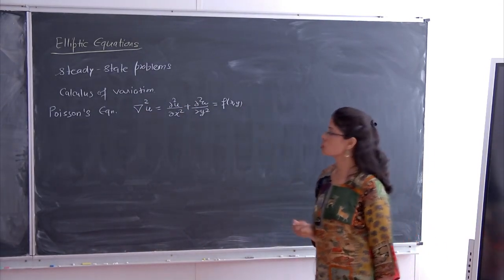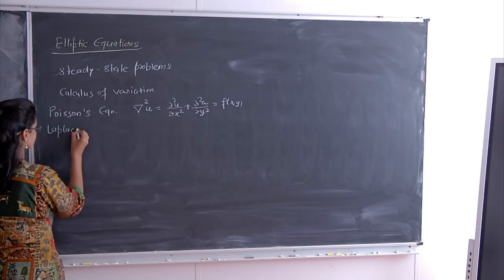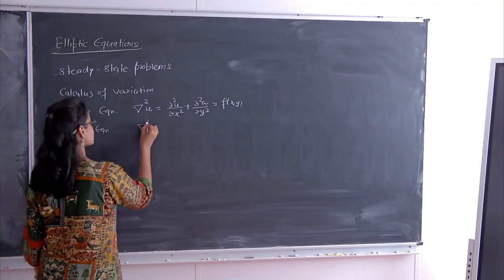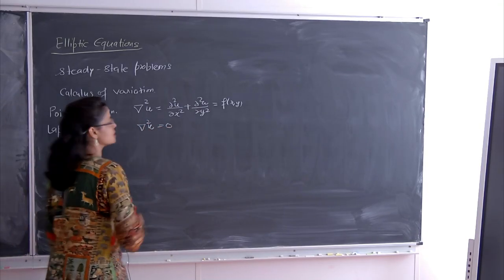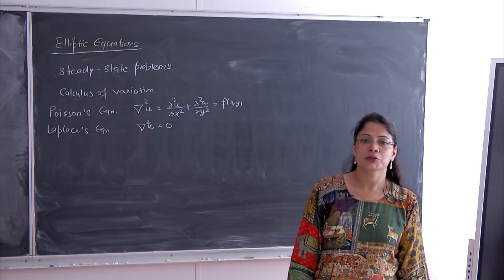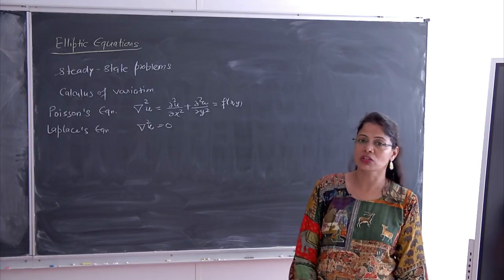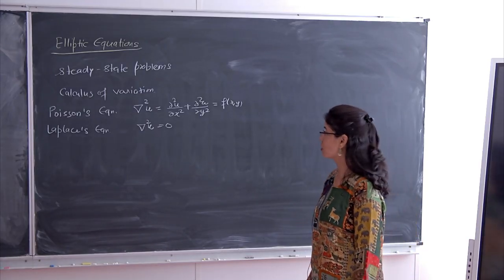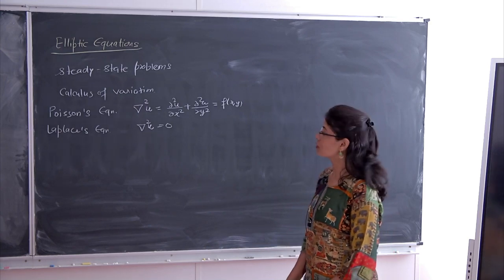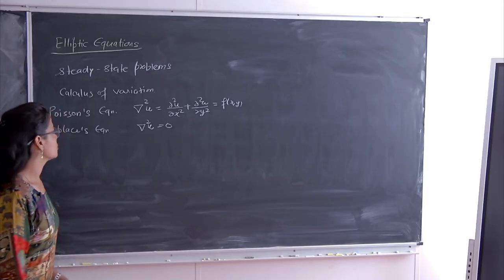The other equation is the Laplace equation, where the Laplacian operator equals 0 on the right hand side. In the first half of the class we will find the solution of both kinds of problems: the Poisson equation when the right hand side function is non-zero, and the Laplace equation when it is 0.